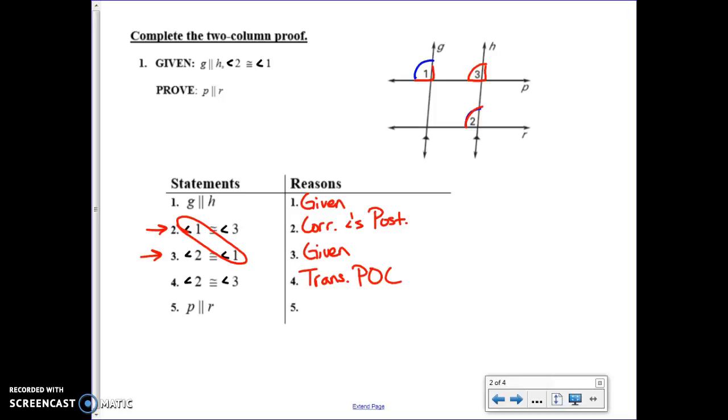They're on the same side of the transversal. But in this case, the angles being congruent leads to the lines being parallel. So that would be the converse statement this time. So corresponding angles converse postulate.